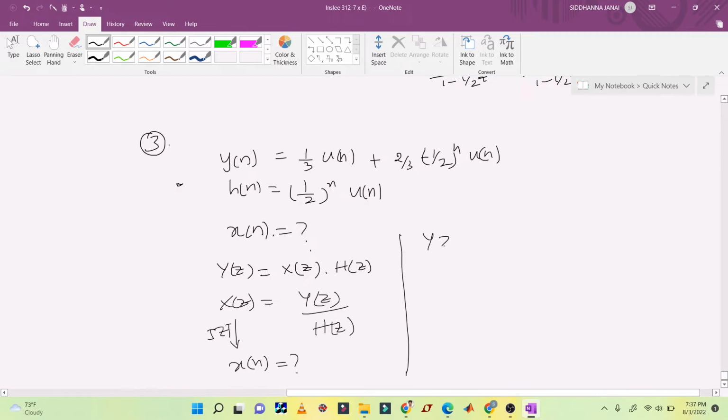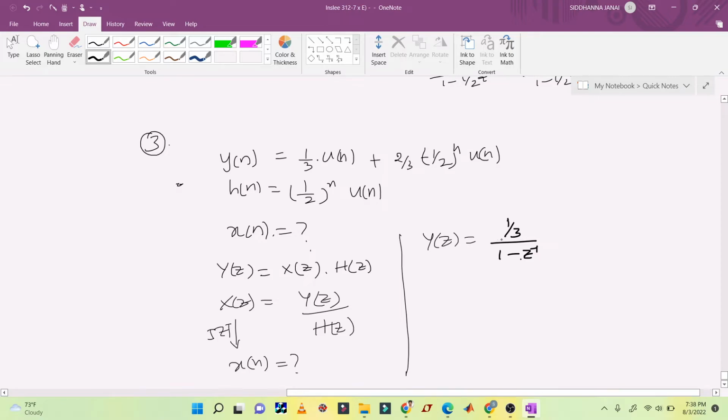What is y of z then? Y of z is equal to 1 divided by 1 minus 1 by 3. No, not 1 by 3, sorry. It is not part of the equation. It is just a constant 1 by 3. So 1 by 3 divided by 1 minus z inverse, because at this point a is equal to 1. 1 to the power n is not mentioned, correct?